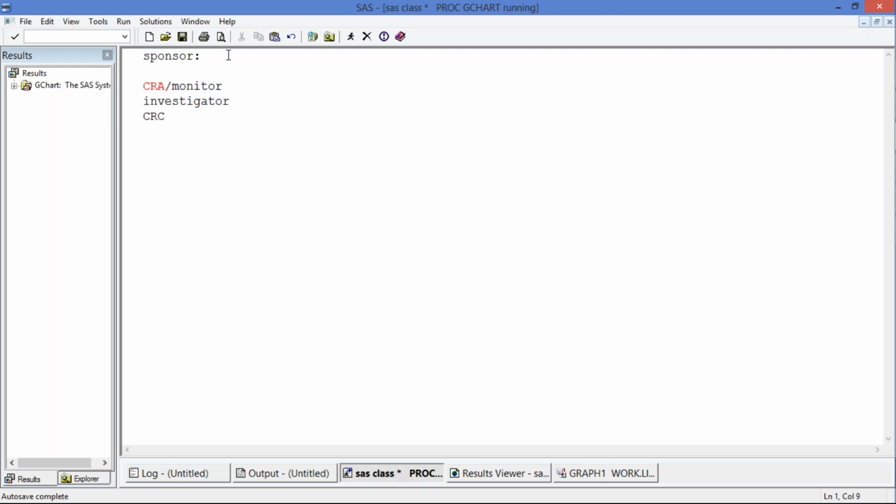He may be responsible for more than one site also. In one site, you may have a principal investigator and co-investigators also. So CRC, coordinator. The investigator may not be available all the time at the site, so they will appoint CRCs, clinical research coordinators, like study coordinators, nothing but that.